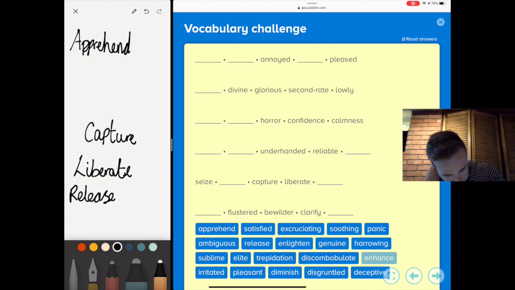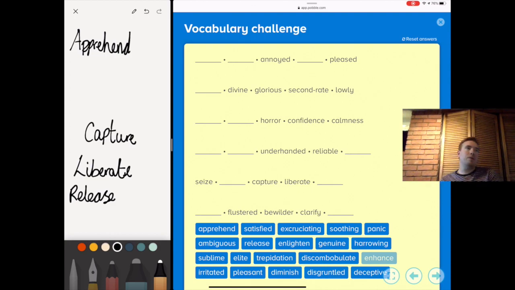Right, let's go through them. So it's not apprehend, it's not satisfied, it's not excruciating, it's not soothing, it's not panic. What we're doing: capture, ambiguous, release, enlighten, genuine, harrowing, sublime, elite, trepidation, discombobulate, irritated, pleasant, no, obviously, diminish, no, so it's not there.